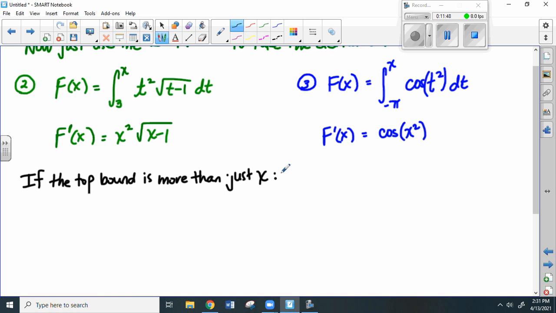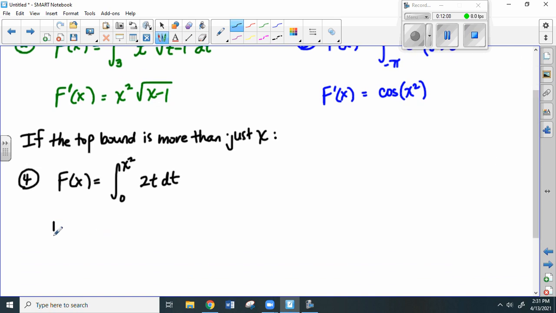Basically, it's kind of like the chain rule, okay? So let me give you an example. The bottom is still a constant, but now we have more than just x for our top bound. Well, you start off exactly the same, okay? Again, we're taking the derivative of this.